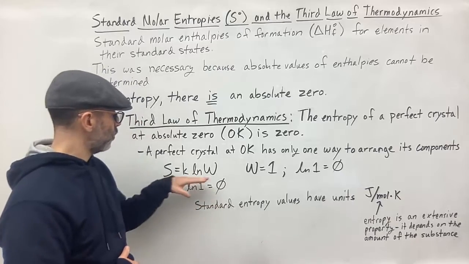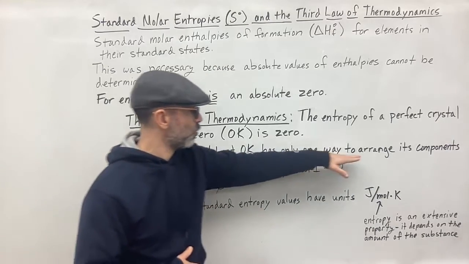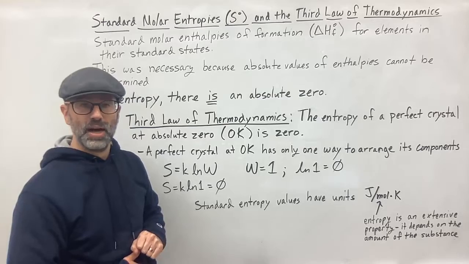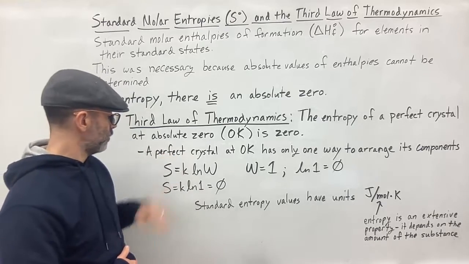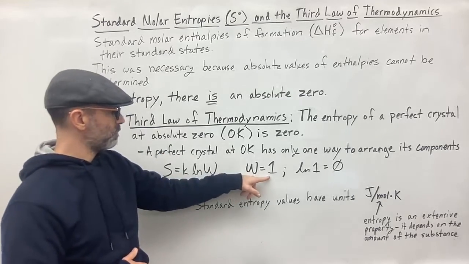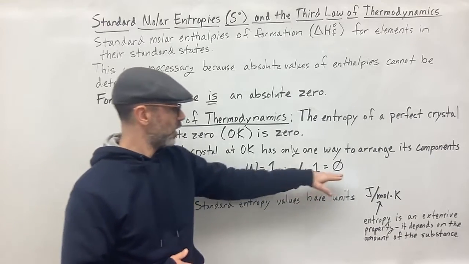Since there's only one way to arrange the components of a perfect crystal at 0 Kelvin, W is 1, and the natural log of 1 is 0.